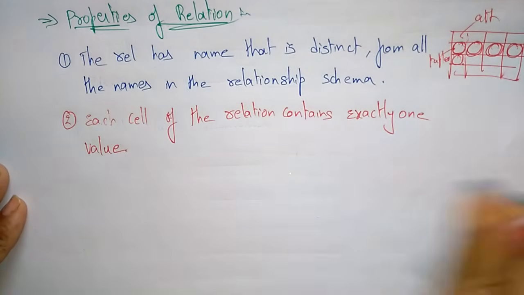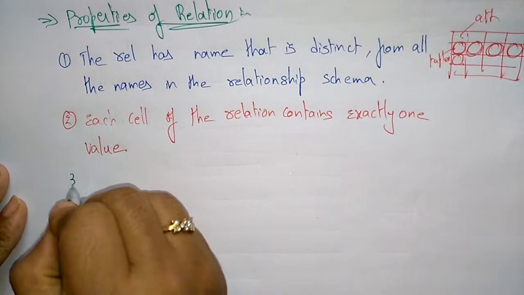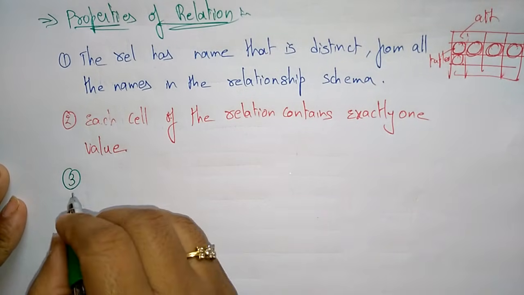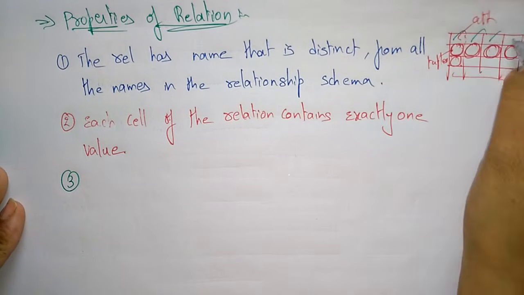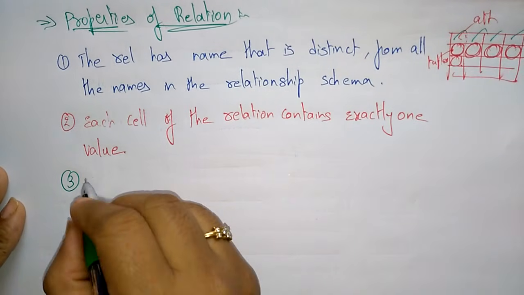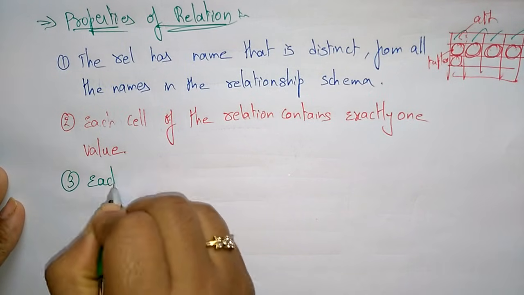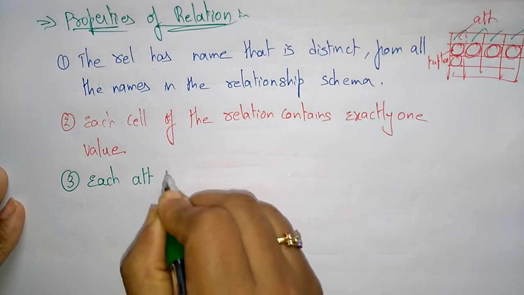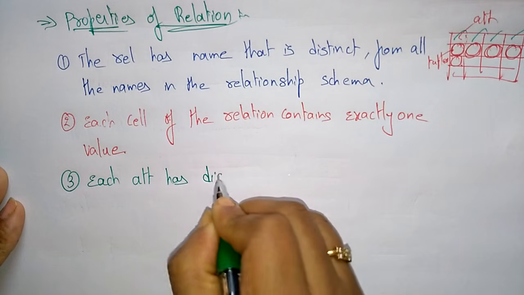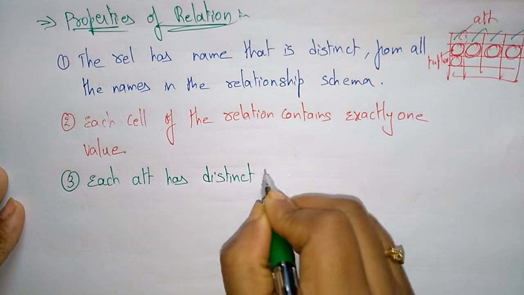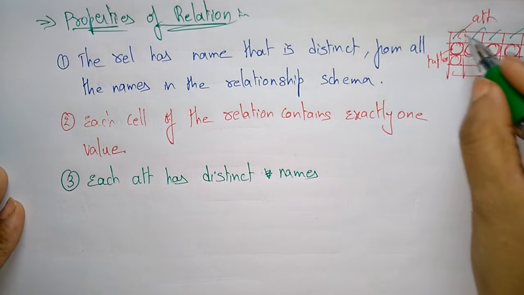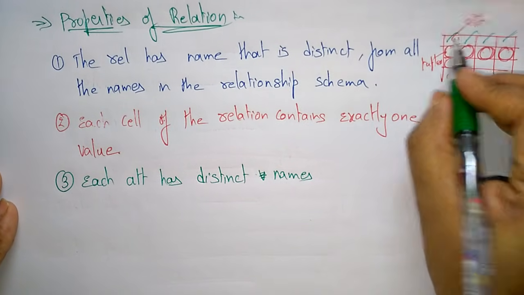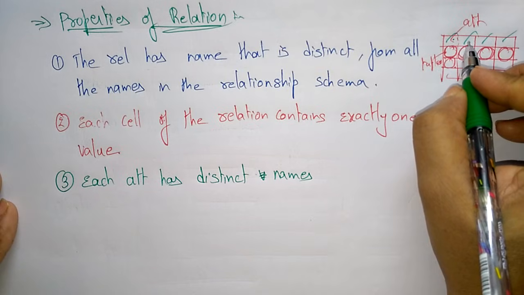And coming to the third point, each attribute has distinct names. The column name should be distinct. Each attribute has distinct, meaning different, names. Suppose you write name here; again you are not supposed to write name here.